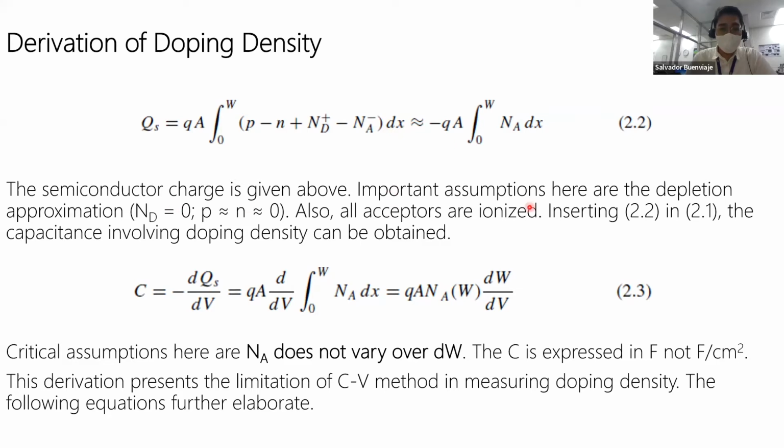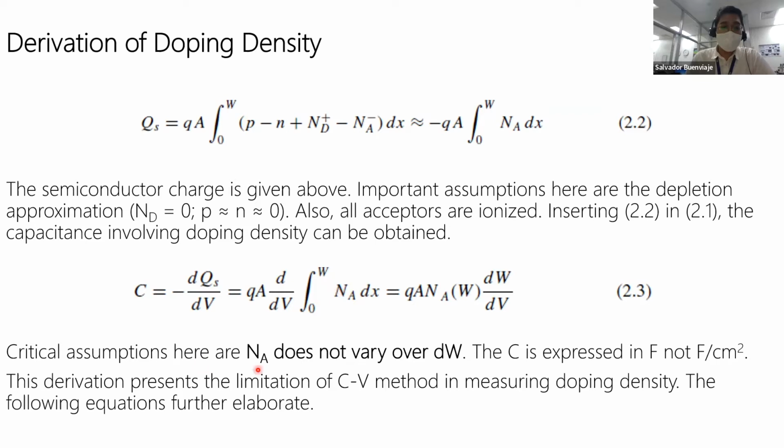Okay, so the important assumptions here are the depletion approximation, and also an assumption that all acceptors are ionized. Using equation 2.2 in 2.1, we can derive the equation for capacitance, which is in this form, equation 2.3.